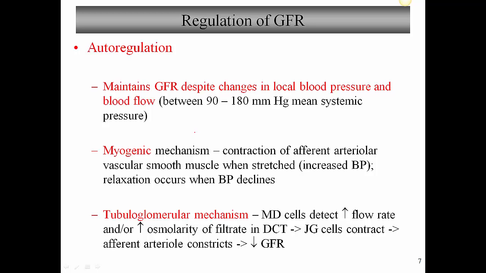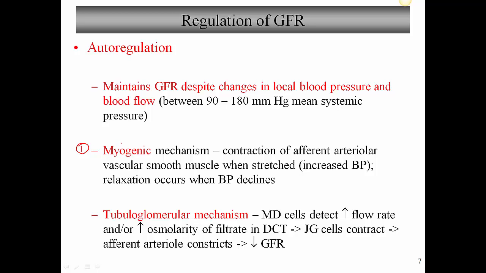Let's talk about exactly how the kidneys carry out the autoregulation. As you see here, there are two mechanisms. The first one is known as a myogenic mechanism. The myogenic mechanism actually reflects a property of the vascular smooth muscle that's in the afferent arteriole. It contracts when it's stretched, and it relaxes when it isn't stretched. So rising systemic blood pressure stretches the vascular smooth muscle in the arteriolar walls, causing the afferent arterioles to constrict.